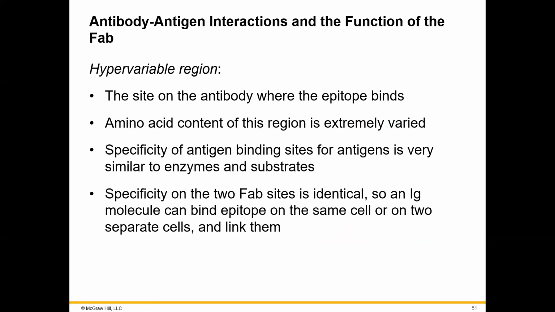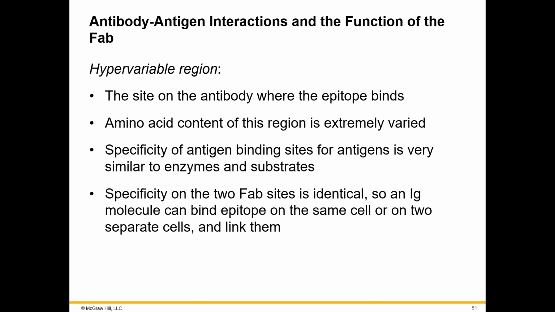The antigen-antibody interactions and the function of the Fab. Now, the site on the antibody where the epitope binds is composed of a hypervariable region whose amino acid content can be extremely varied. The specificity of antigen binding sites for antigens is very similar to enzymes and substrates.